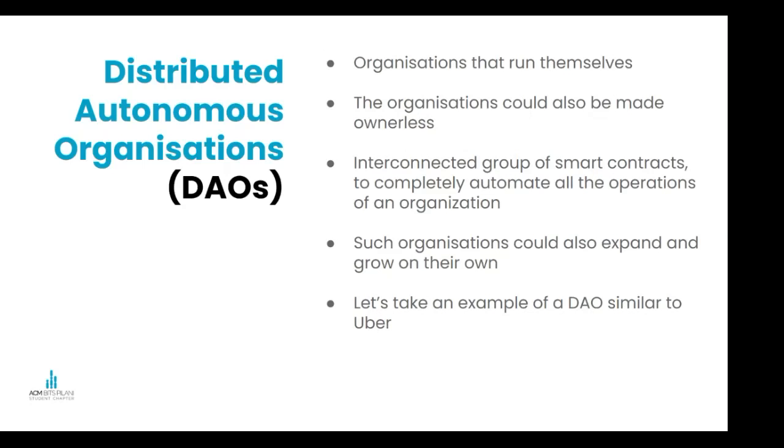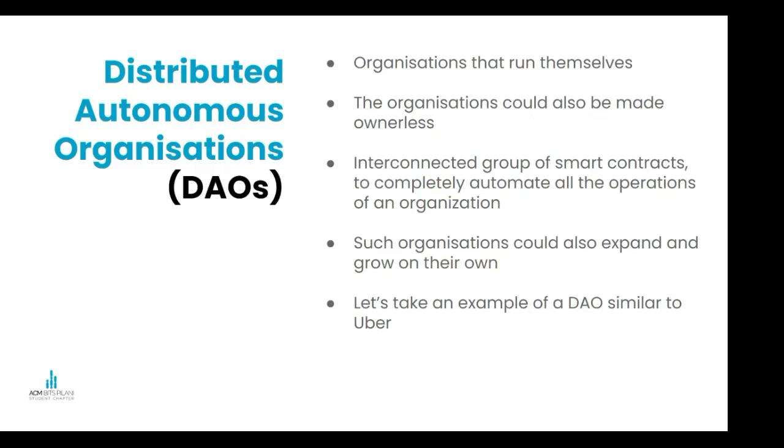This organization would be completely human free, and it would need no support from humans to run itself. This organization could also be made ownerless, that is, no single entity, nor a group of entities, would be owning it. It would be in the public domain, similar to open source code.